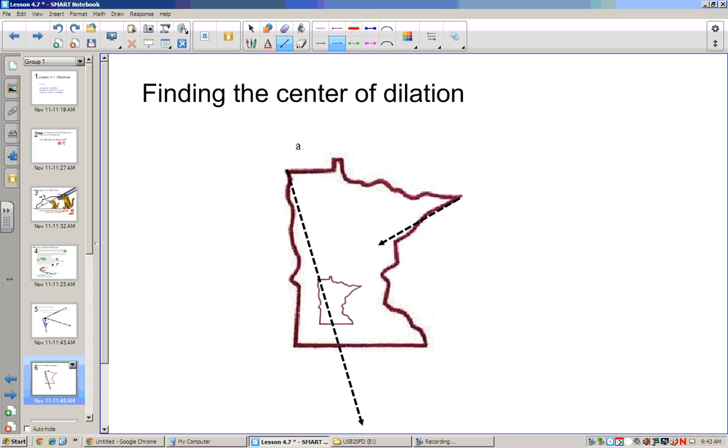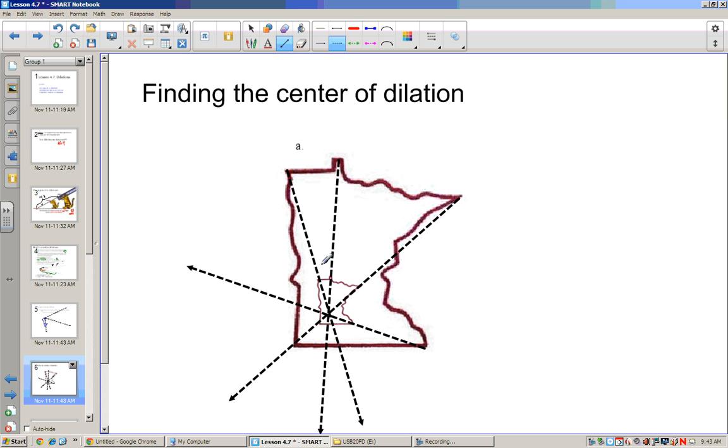Now start at another point, go through that same point in your dilation, and keep going. All you need is 2, but really you can keep going. I can go from the tip up here through the tip up there, and then keep it going. And you should see all of these go through the same point. So that point right there is our center of dilation.